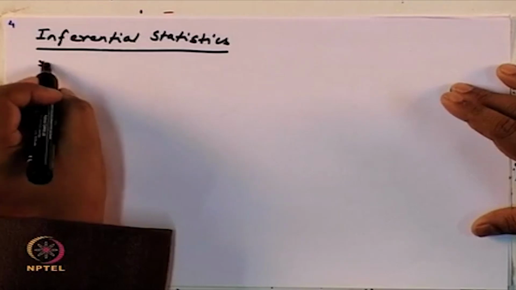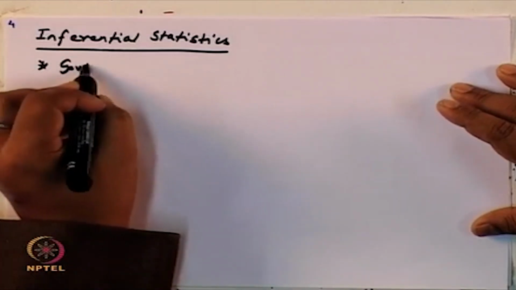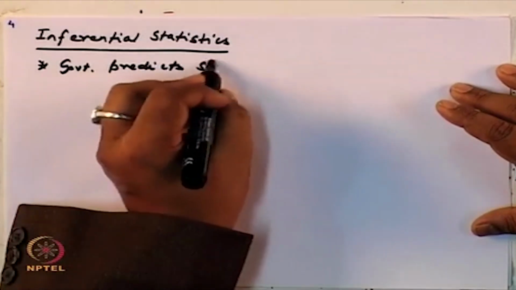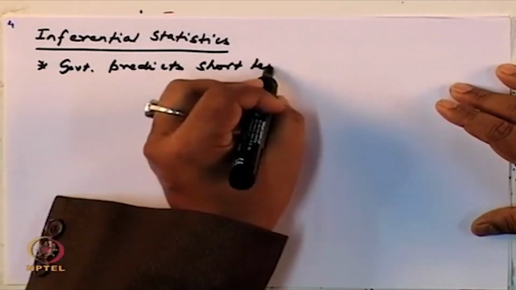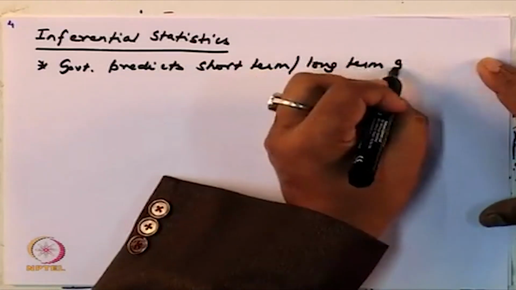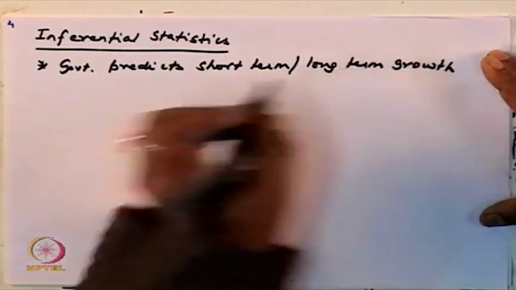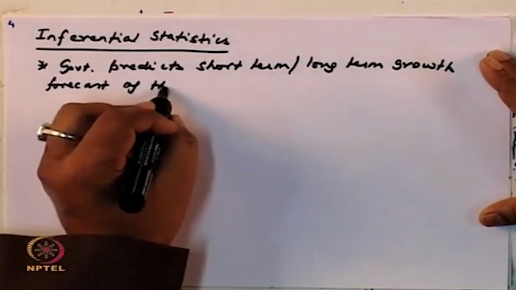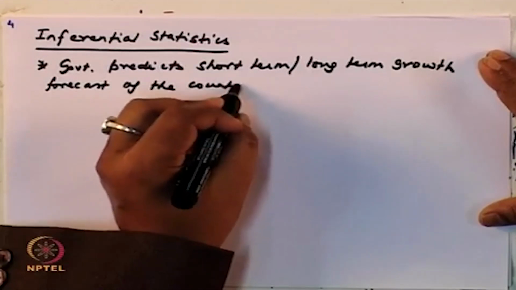So some examples, let us say the government often predicts the short term or long term growth rate, or growth forecast, of the country. Okay.